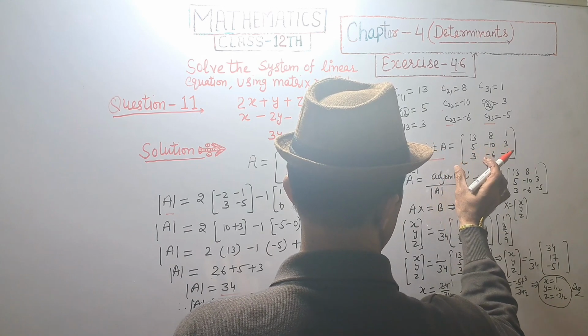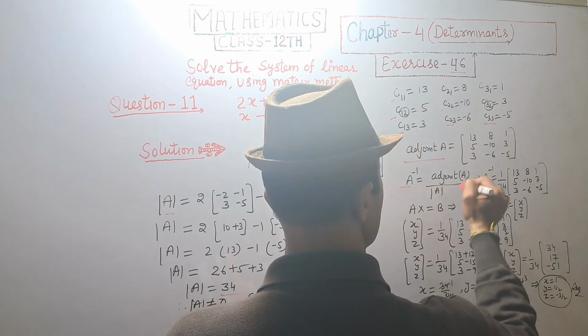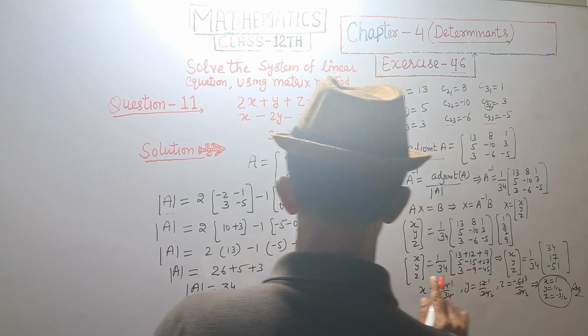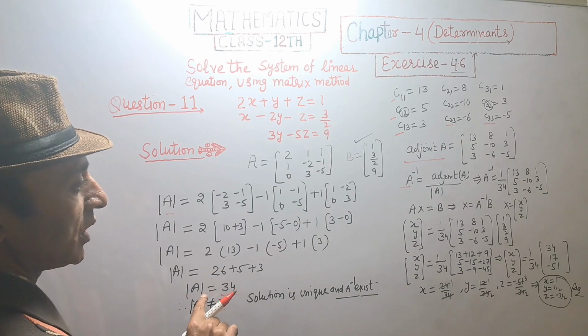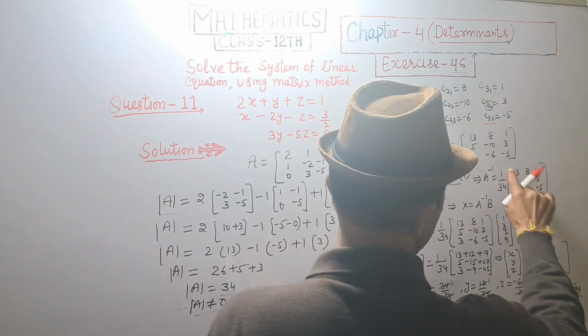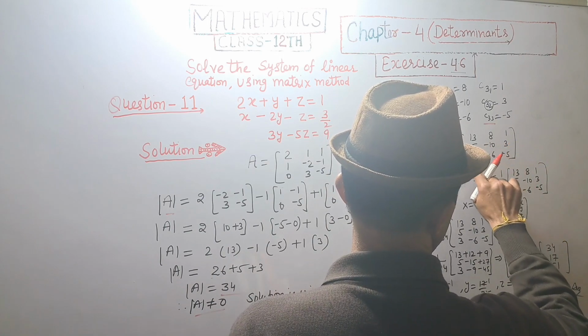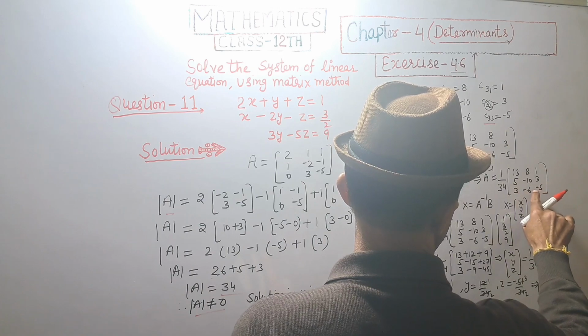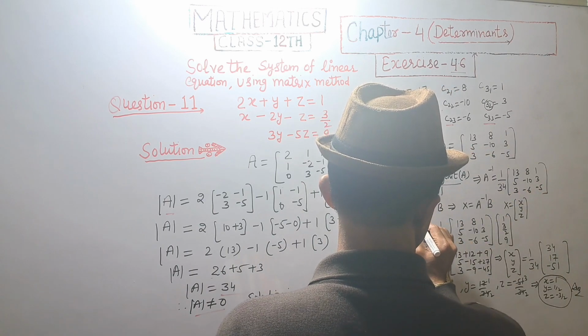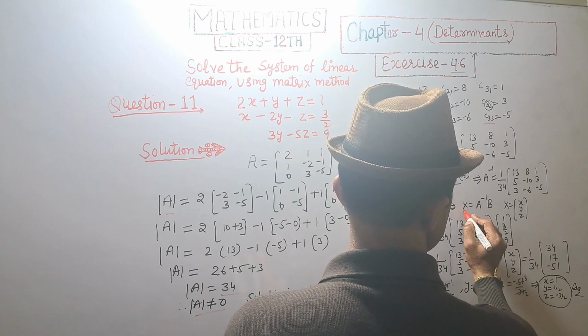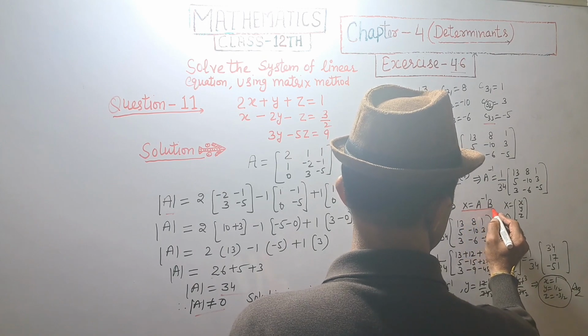It is the adjoint of A, and A inverse is equal to adjoint A upon determinant of A. We get determinant of A is 34 and adjoint A is 13, 8, 1, 5, minus 10, 3, 3, minus 6, minus 5. So AX is equal to B, and this implies X is equal to A inverse B.